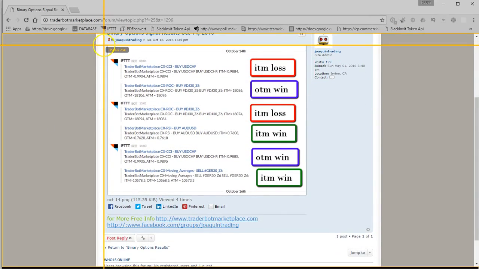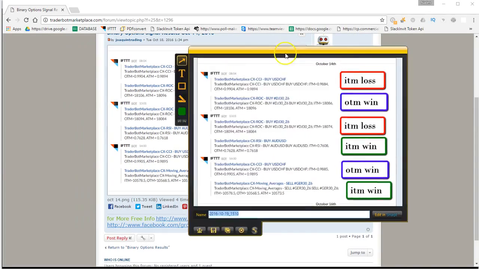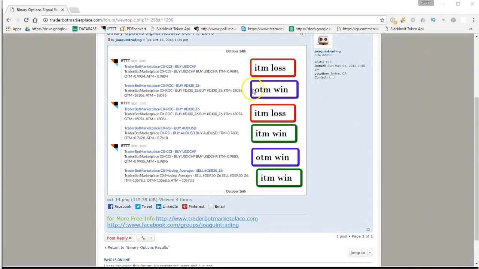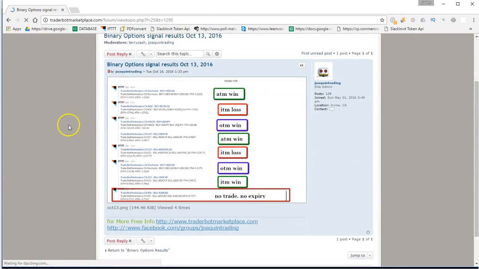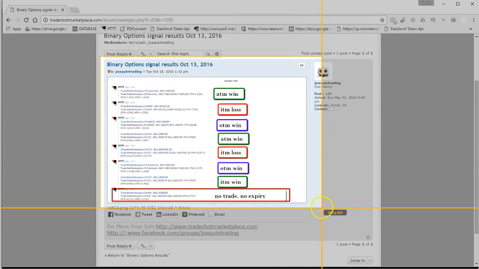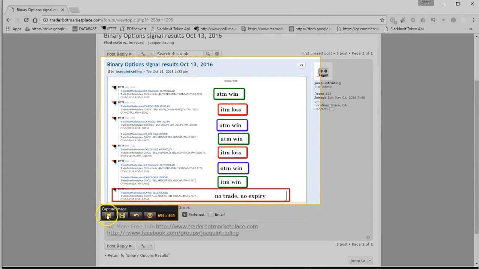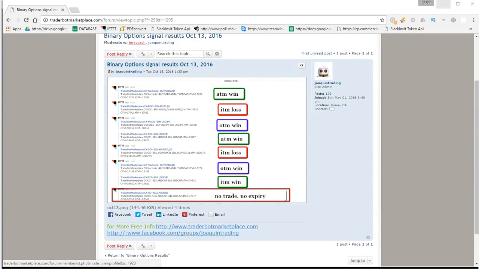I'm taking a picture of these, I'm going to use them in an example here in a few minutes. All we're concerned about are the 2 OTM wins right here. We're not concerned about anything else. Let's go to the day before that. We're concerned about the 2 OTM wins and nothing else, because those are going to be losses.